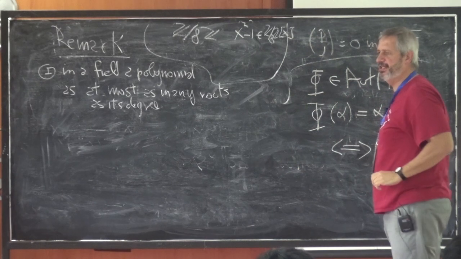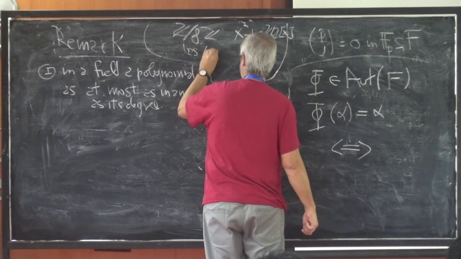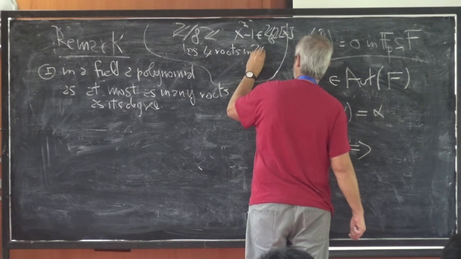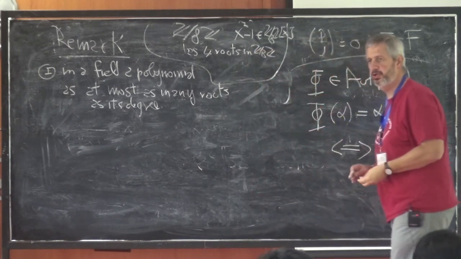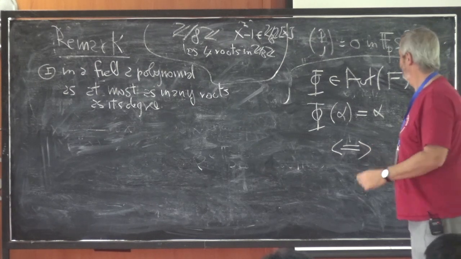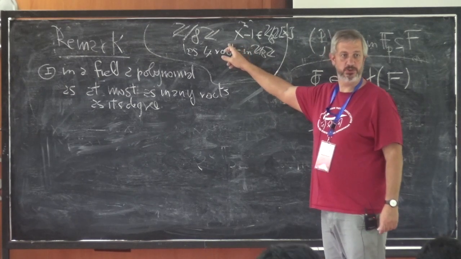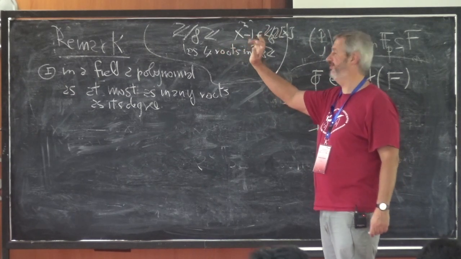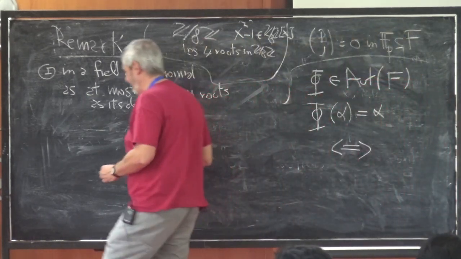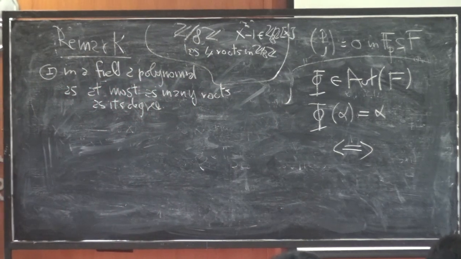So this polynomial here has 4 roots. 1 squared is 1, 3 squared is 1, 5 squared is 1, and 7 squared is 1, right? So there are 4 roots in this polynomial. But if you have a field, there are at most 2 roots in a polynomial of degree 2.